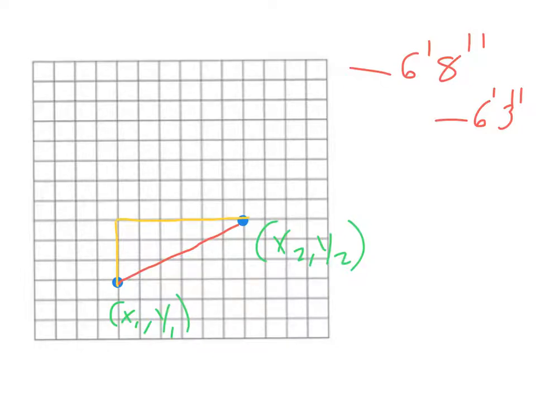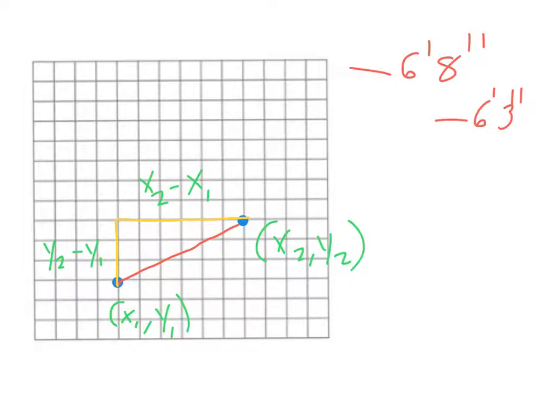We did 6, 8 minus 6, 3. So all we're going to do here is say that that distance is y2 minus y1. Very good. Now, horizontally, think about it the exact same way. My farthest x value is x2. My original is x1. So that distance there is x2 minus x1. Does everybody see where that's coming from?